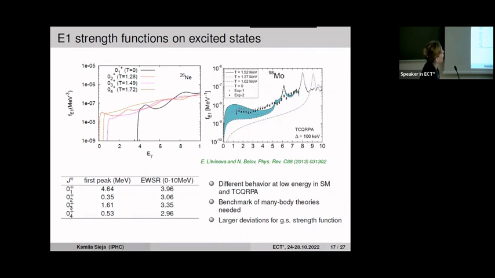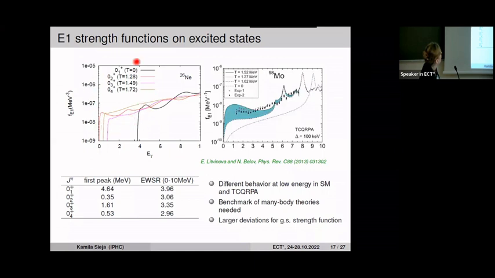I would be very much interested to see such calculations in the neon isotopes with temperature, to really recover or see the same effects in both. If you look at the ground state, there is no low gamma strength due to the gap, while some low energy strength appears when you go up in excitation energy.